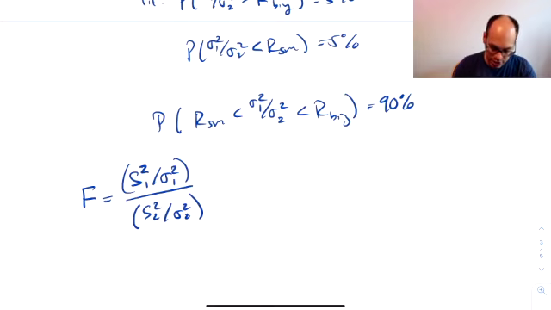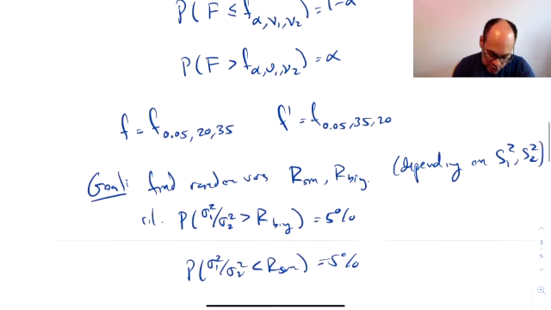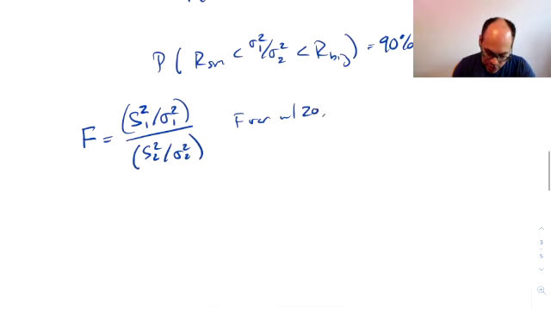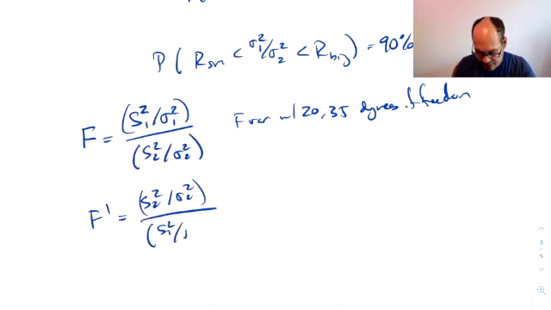So s1 was a sample size of 21, so this is an F variable with 20 and 35 degrees of freedom. And similarly, f prime, which is the reciprocal of that, is an F variable with 35 and 20 degrees of freedom.